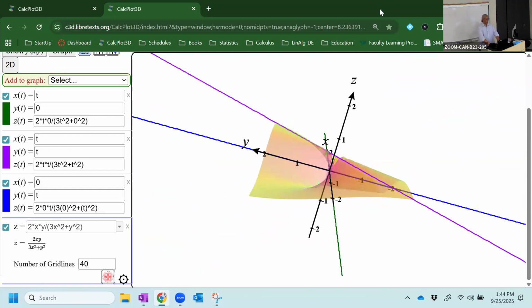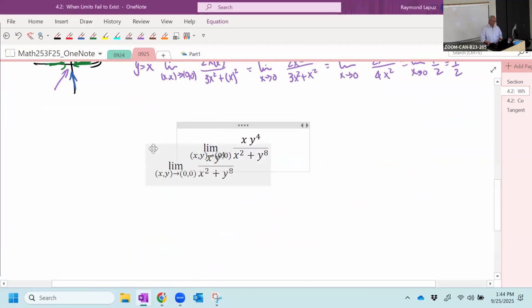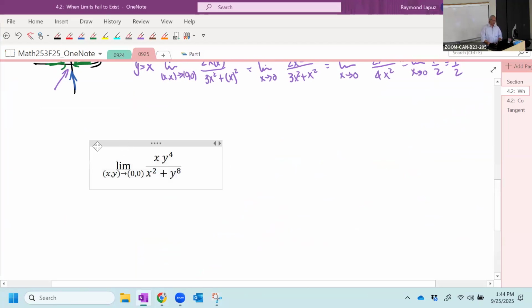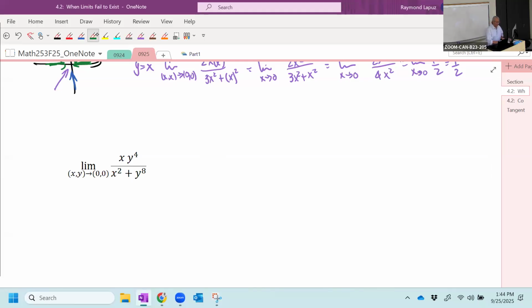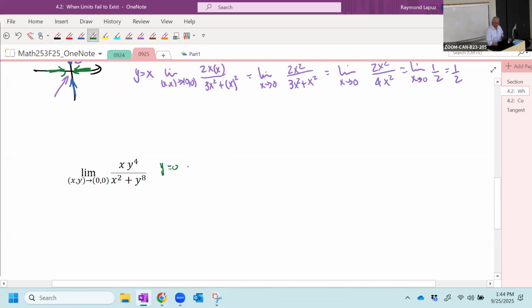Okay. All right. Those pictures are really super cool. Here's another one that I'm not going to do. I'll give you a summary of it, and maybe I'll do it. What do we do? y is equal to 0. Limit equals 0. x equal to 0, sorry. And then y equal to x.